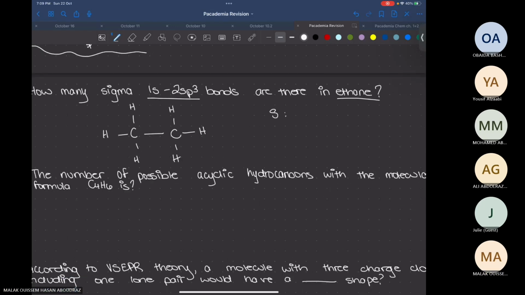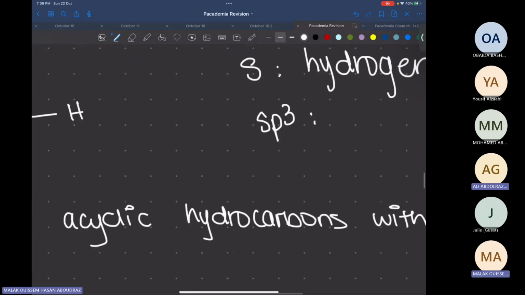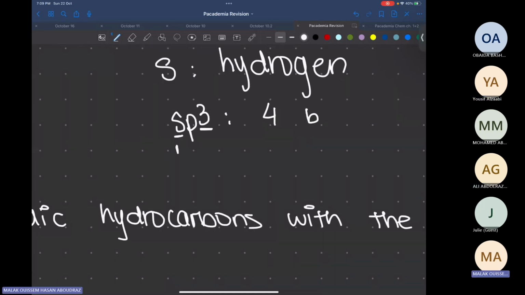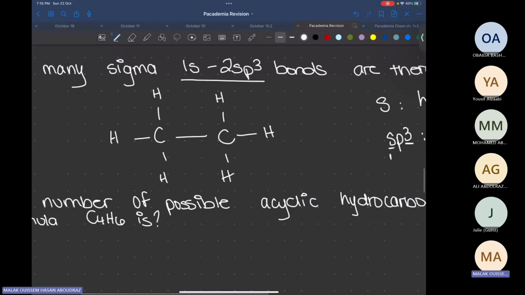Okay. So again, we said who can have an S bond? Hydrogen. Okay. And the sp3 bond, the carbon has how many bonds on it? 3. No. 4. So you have 3 and then the S 3 is and 1. S1. Exactly. So we have 4 bonds on the carbon. Okay.